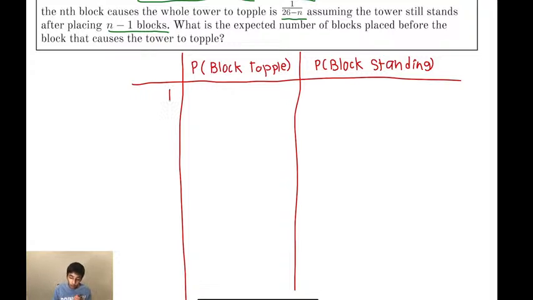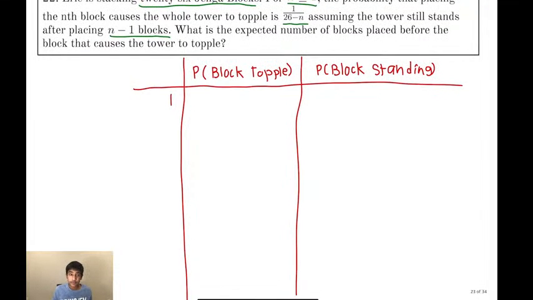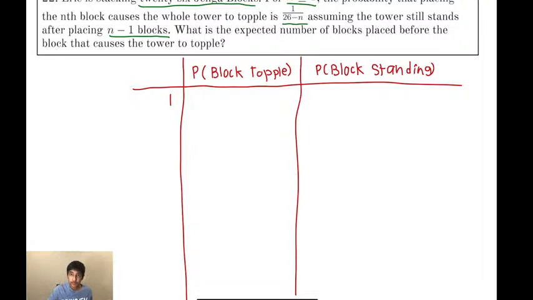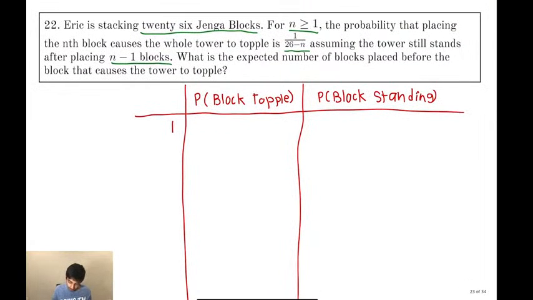Okay, so for the first block, what's the probability the first block will topple? It's going to be 1 over 26 minus 1, equal to 1 over 25. So there's a 1 over 25 chance the first block will topple.